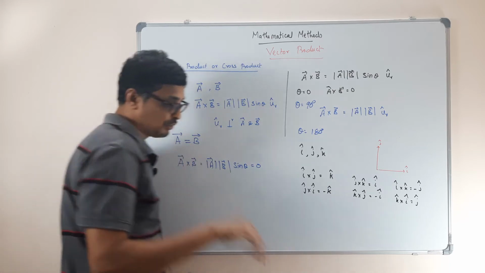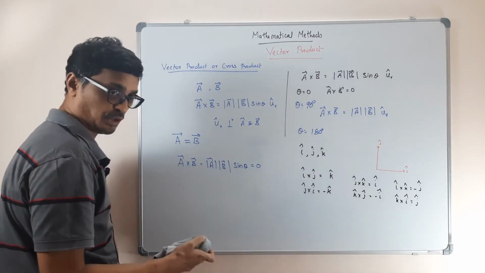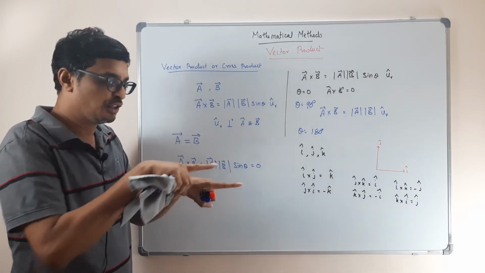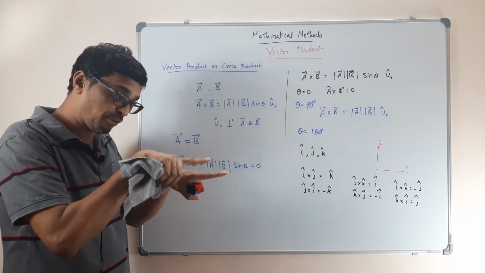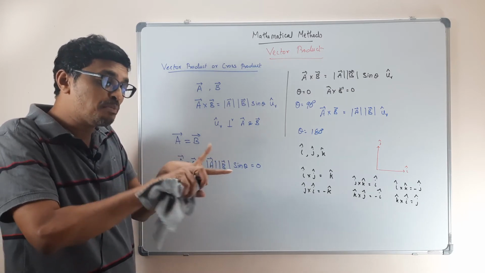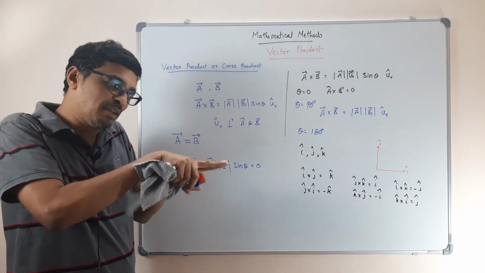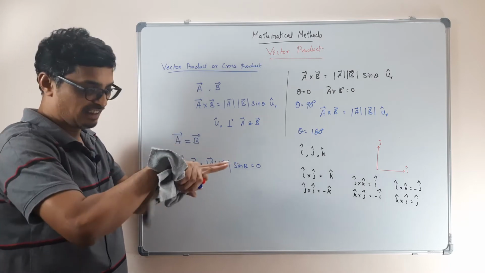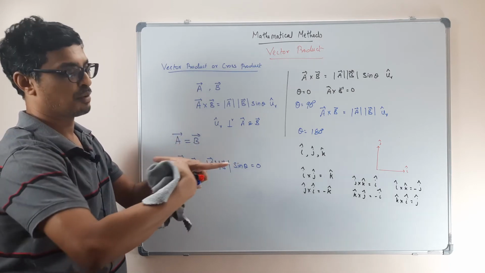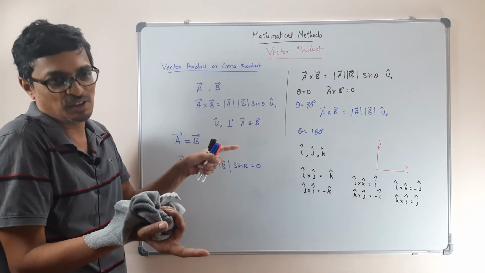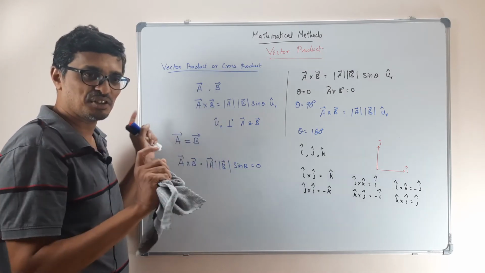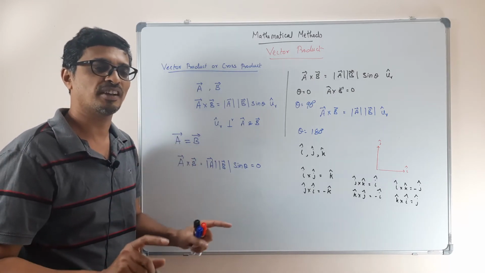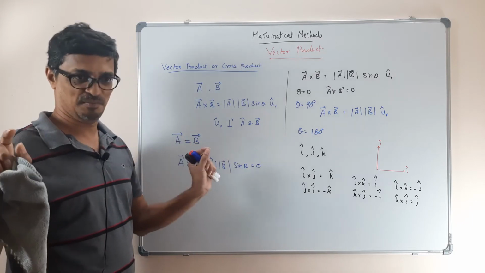So when you multiply equal vectors, of course, they become 0. Same direction. Everything is simple. For the cross product between any two vectors, resolve them into perpendicular components. The moment they both have the same direction or anti-parallel direction, theta equals 0 degrees or 180 degrees, the perpendicular component of either of the vectors is going to be 0. So whenever two vectors are parallel or anti-parallel, the cross product is going to be 0 only.